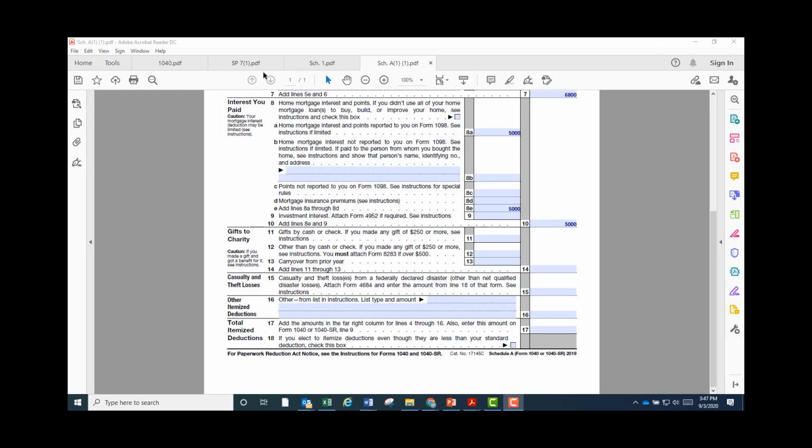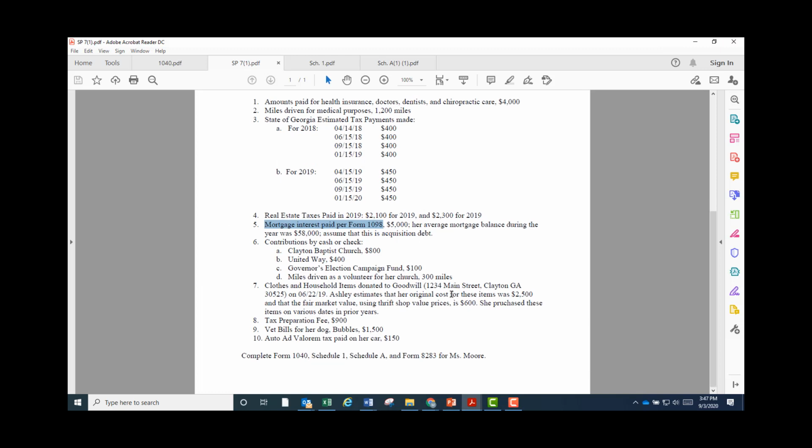Let's go back to the sample problem and see. In line 6 here, yes, cash or check. Contributions that were made to the church, United Way, to campaign fund. Is that a charity? No, it's not. How about line D? Miles driven as a volunteer for her church. 300 miles.